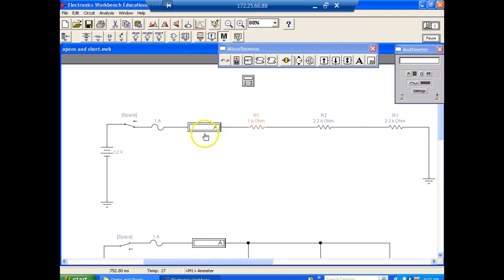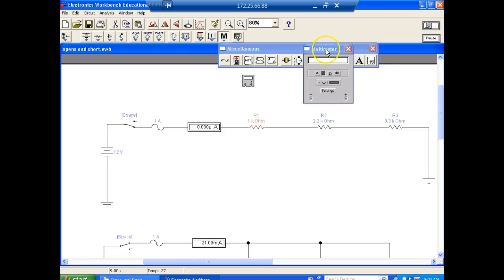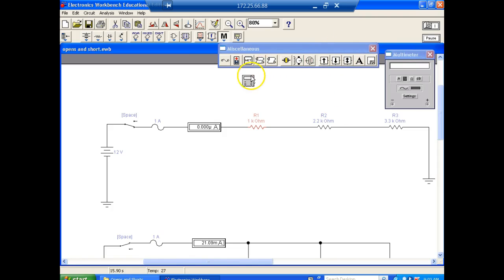So we turn it back on, our current goes to 0. Okay, so what voltage drop would I measure across R2 with an open circuit? Why? Because all your voltage is dropped across that open.